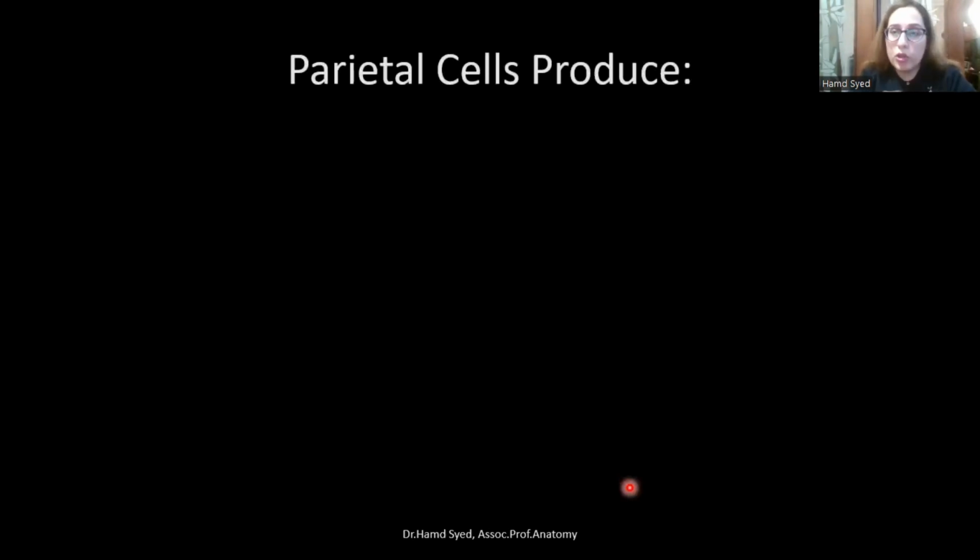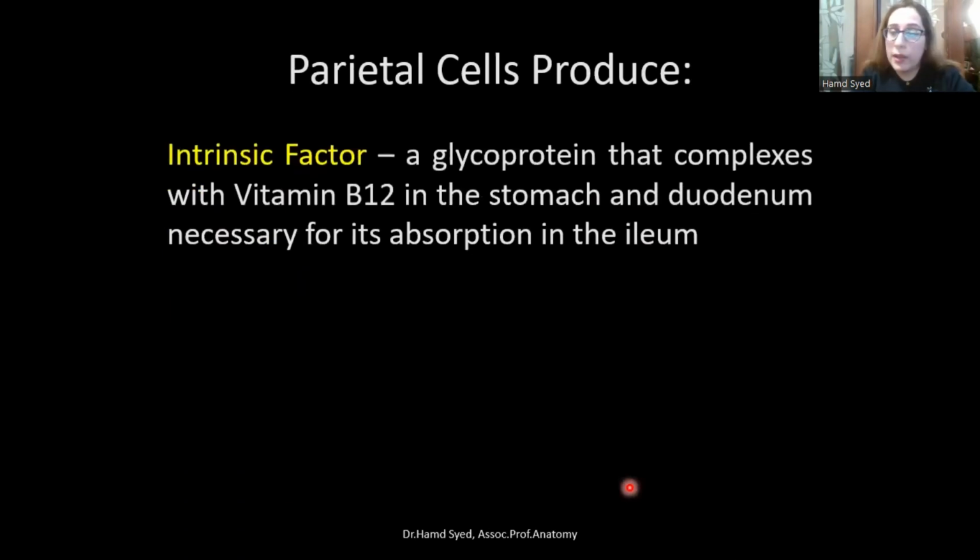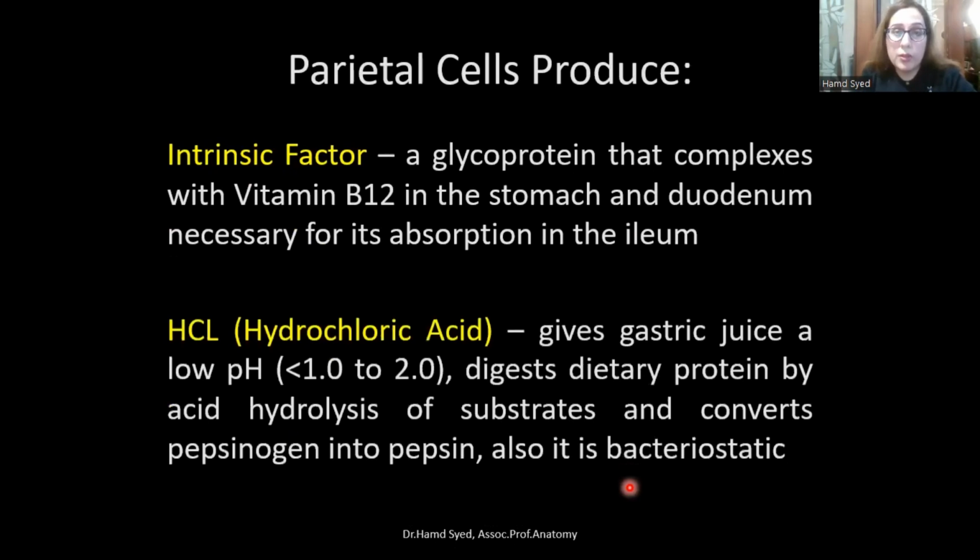So the function of parietal cells is now clear to you: they are producing intrinsic factor, a glycoprotein that complexes with vitamin B12 in the stomach and the duodenum. And then it's necessary for the absorption of this vitamin B12 in the ileum. The other very important substance which is produced by parietal cells is hydrochloric acid.